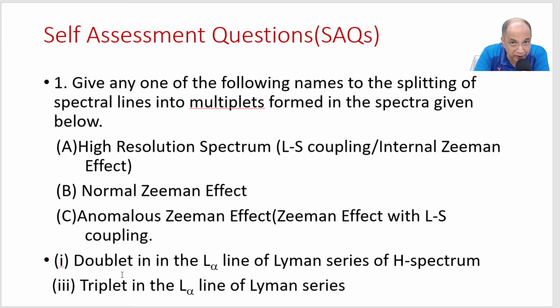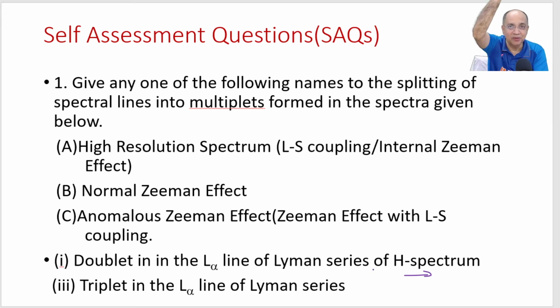A doublet in the L alpha line of the Lyman series in the hydrogen spectrum. If you are getting a doublet, 2 lines, then what kind of spectrum will it be out of these 3? Pause this video, think a while and answer. The answer will be, I am writing it down here, only a doublet.